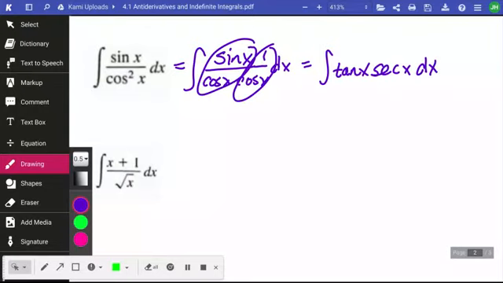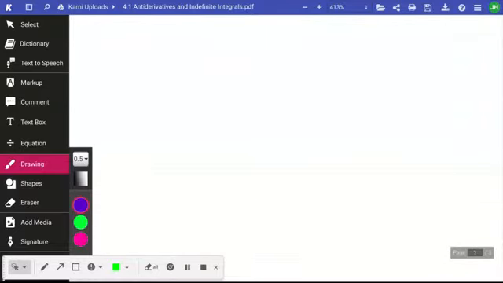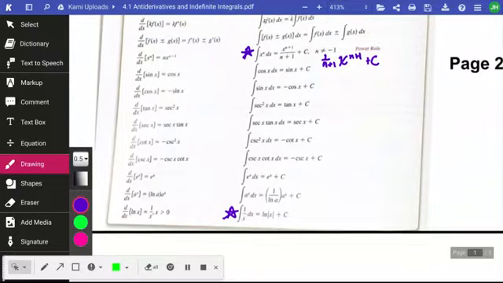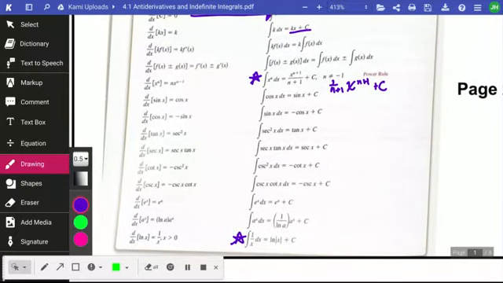But the antiderivative of tangent x secant x, I'm going to try to avoid making you dizzy, but I'm going to go straight up because I know it's up here. Tangent x secant x is just secant. So they expect you to memorize that.